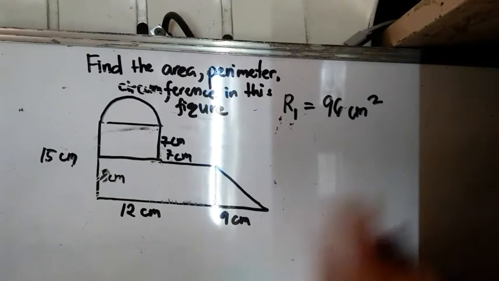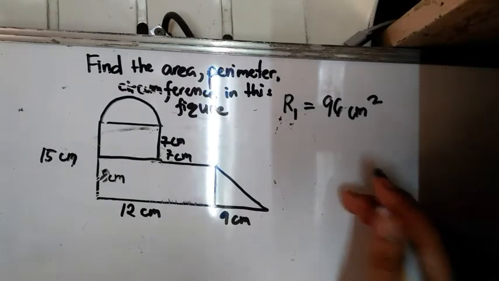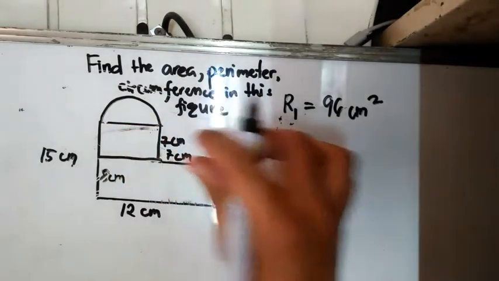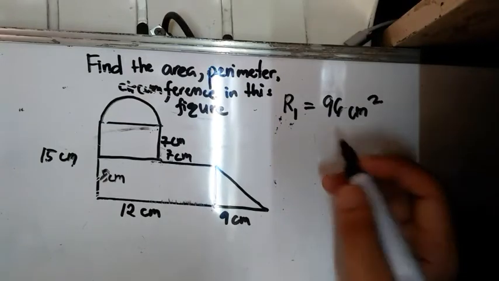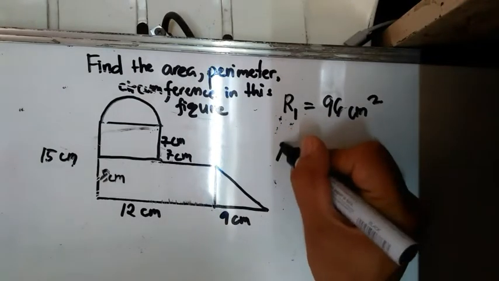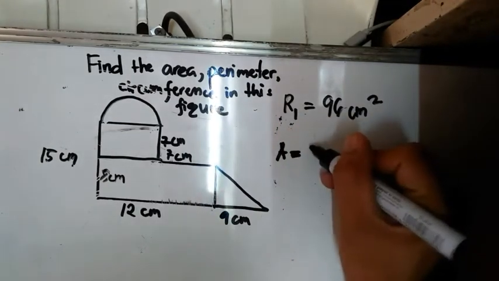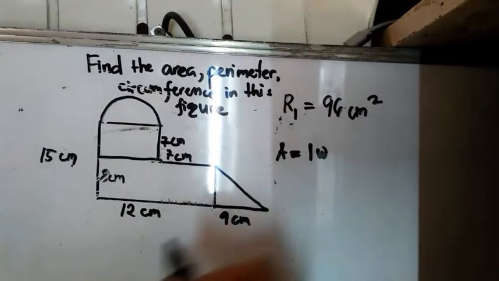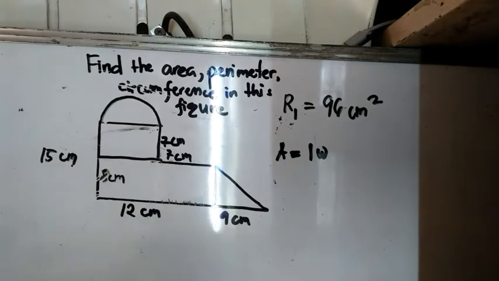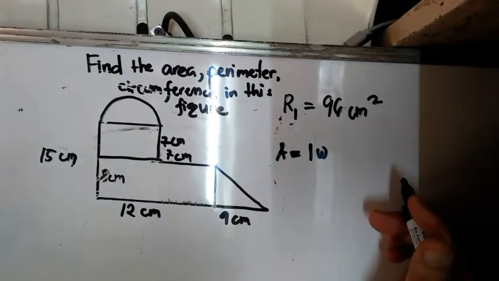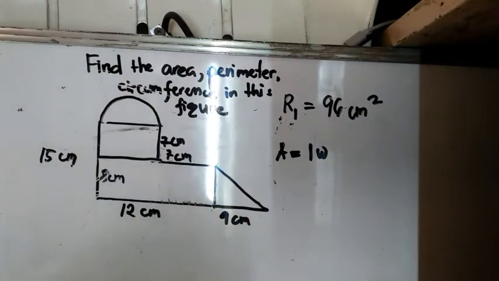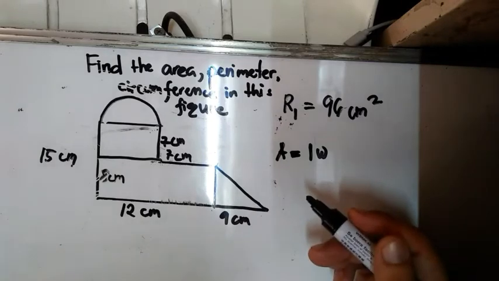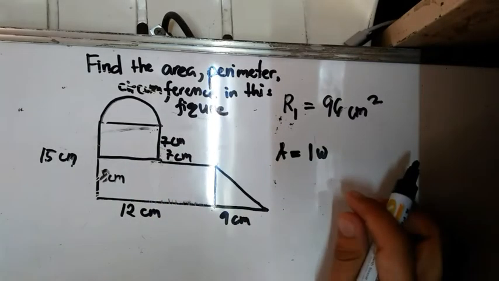Now we can find the area of this rectangle. The formula again is length times width. We also need to know the length of the rectangle.